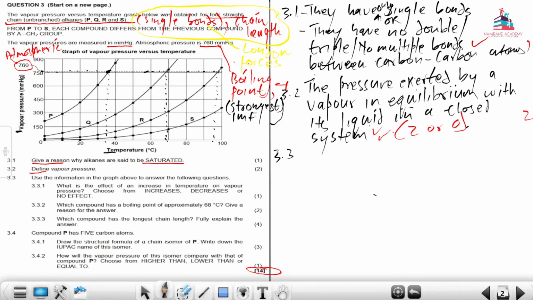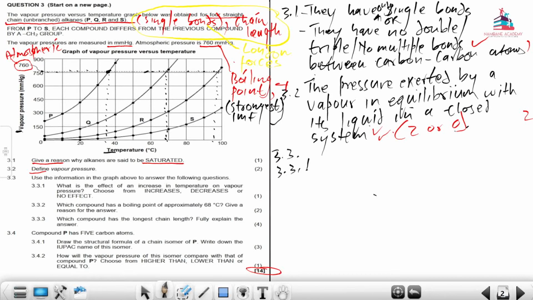Now at 3.3, 3.3.1, they are saying use the information in the graph above to answer the following questions. What is the effect of an increase in temperature on vapor pressure? Choose from increase, decrease, or no effect.